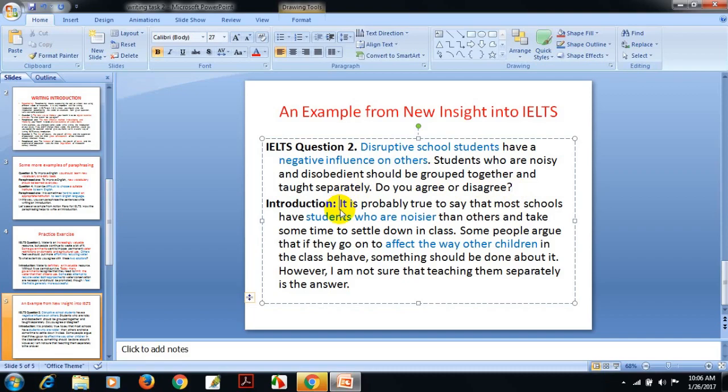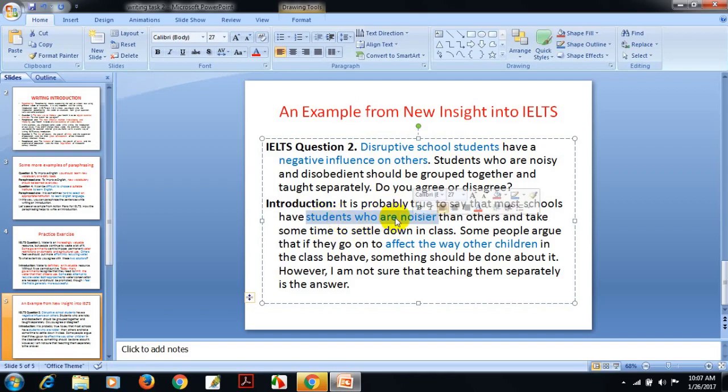Look at the introduction. It is probably true to say that most schools have students who are noisier. Look here. Disruptive school students is paraphrased, written in other words, students who are noisier. Disruptive, noisier. Disruptive school students.